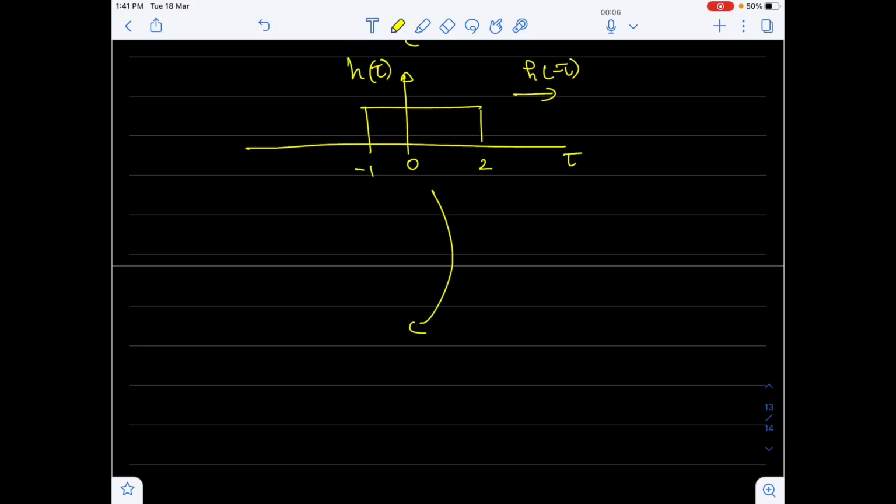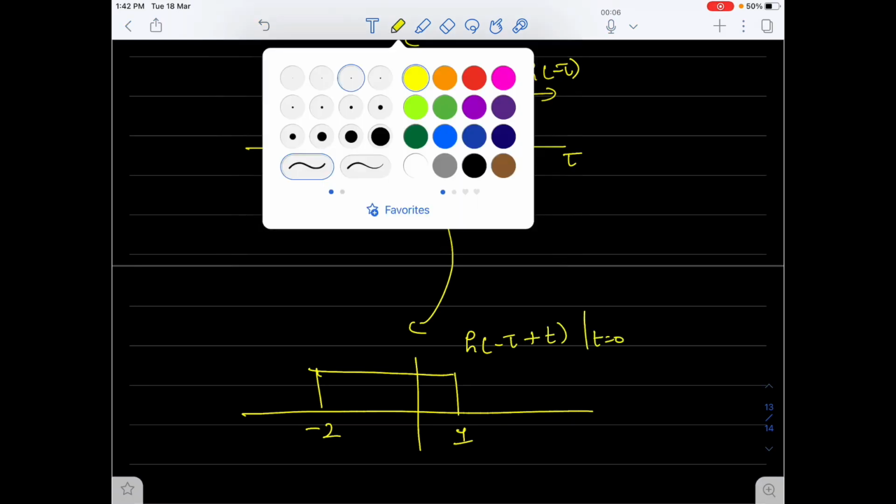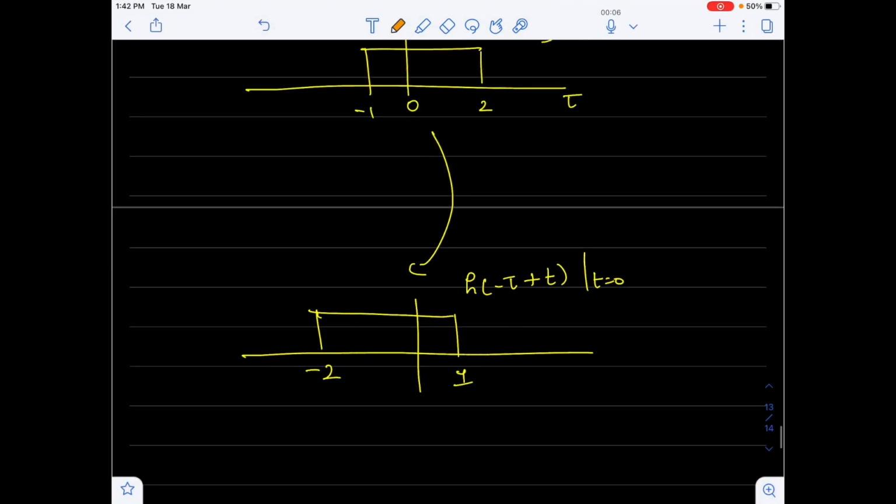So I will just flip it. This will become minus 2 and 1. This is h of minus tau plus t, but the shift t is equal to 0. But where to mark your t? This is very, very important. As I told you in the previous problem, just mark the t here. Don't be confused.